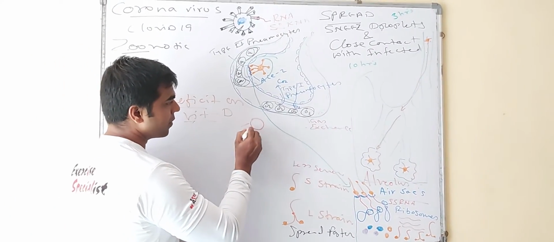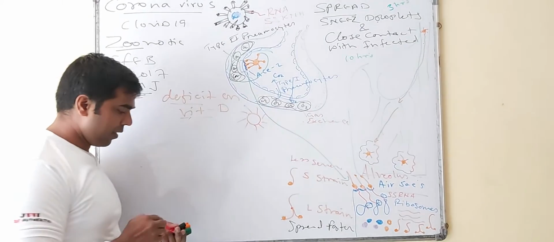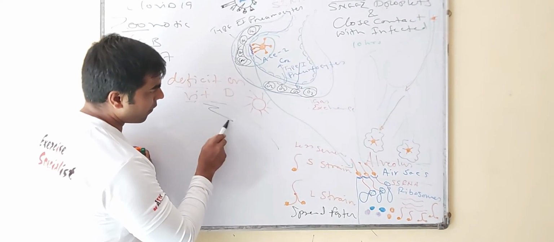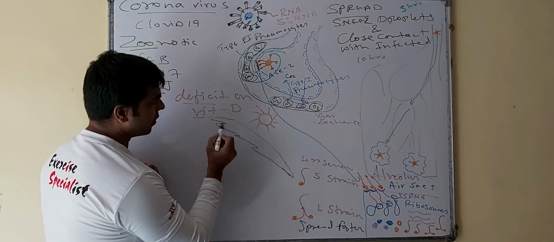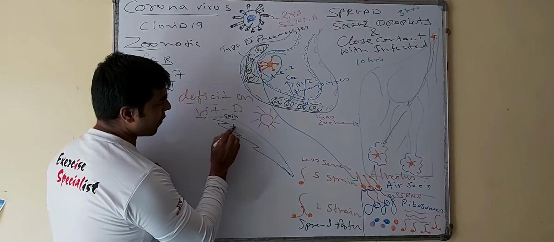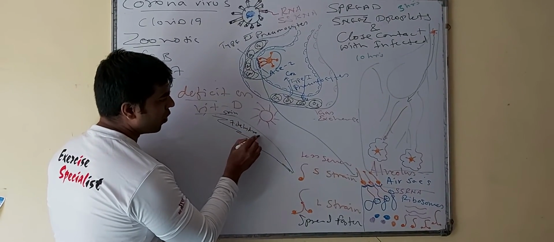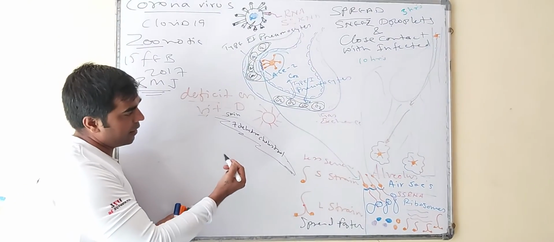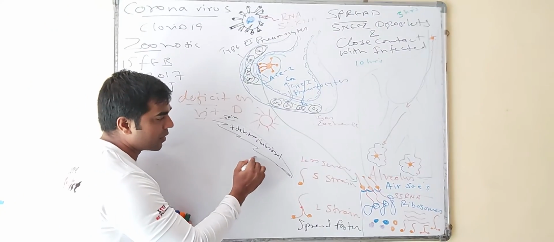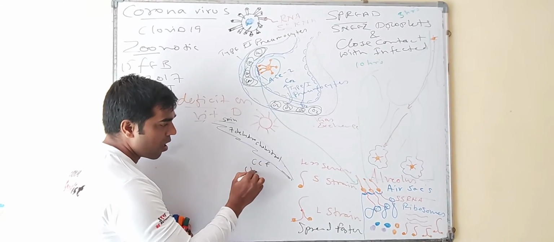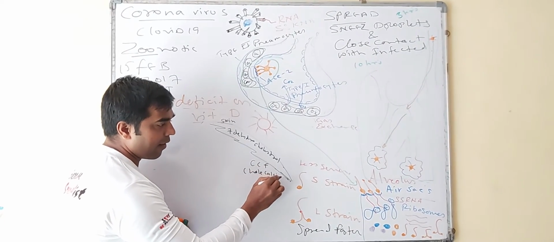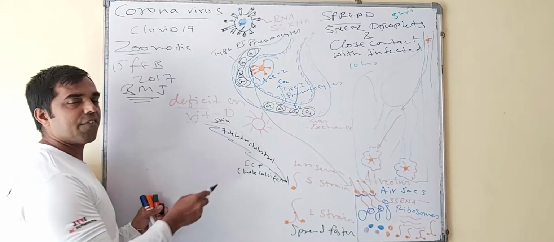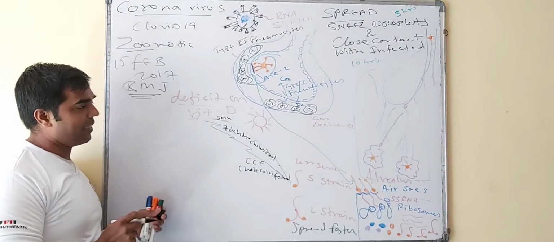So here is the sun. Right? It falls on our skin. This is skin, right? We have 7-dehydrocholesterol. Once sunlight falls on the skin, it is converted into CCF, cholecalciferol. But CCF is not the mature form of vitamin D3.